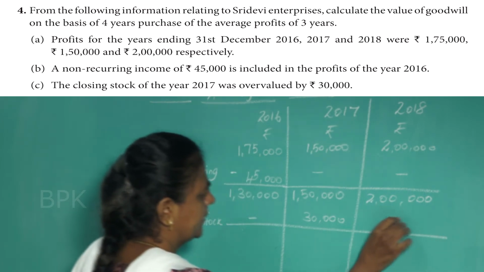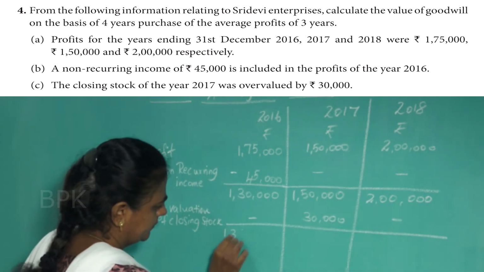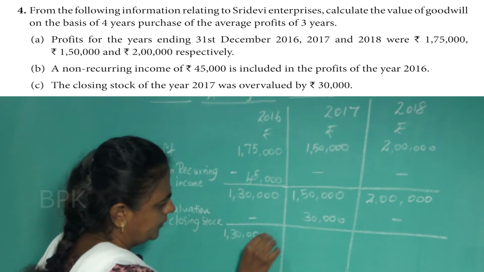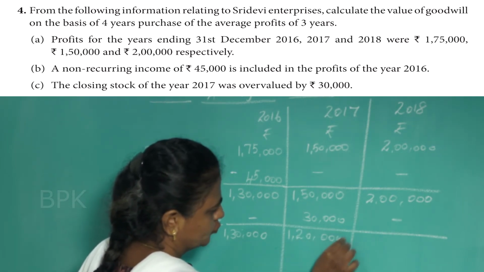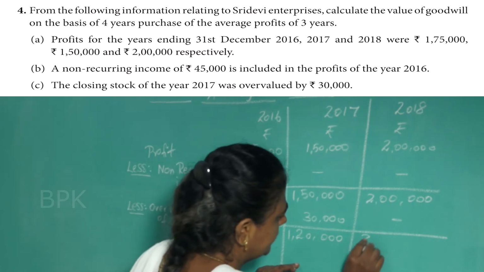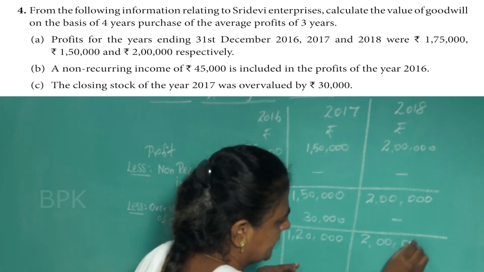So that also subtract. That gives 1,30,000, 1,20,000 and 2 lakhs.